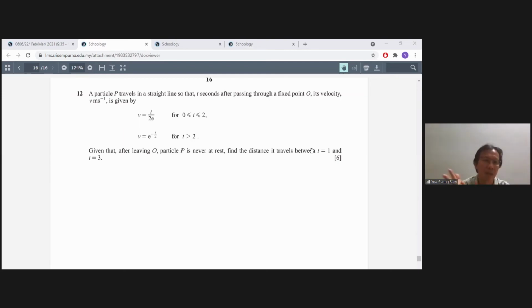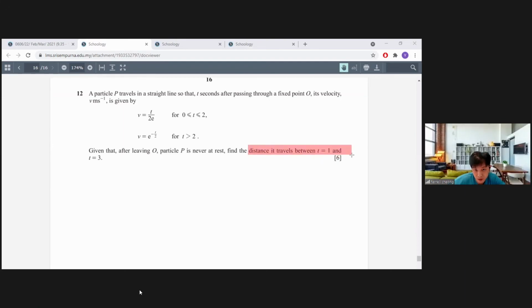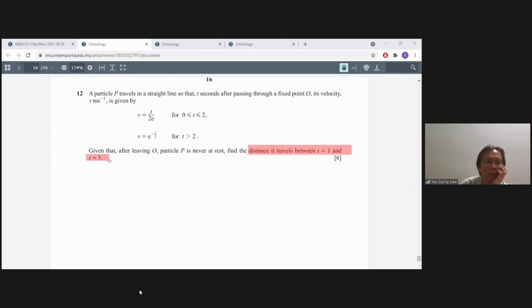So it's the last topic, kinematics. Okay, it's kinematics. So how do you find the answer? He asked you to find what? The distance traveled between t equals 1 and t equals 3. So the time is from 1 second to 3 seconds. Find the distance traveled. So how do you find it?